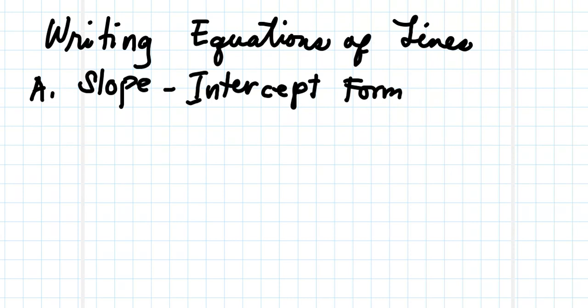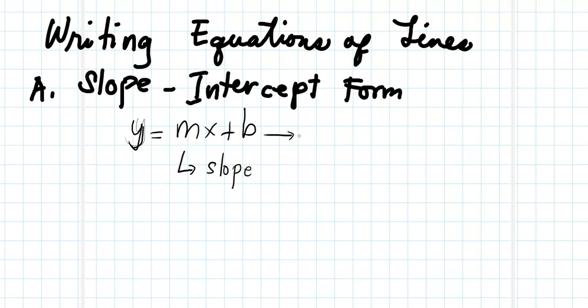Now, the slope intercept form is y equals mx plus b, where m is your slope and b is your y intercept.